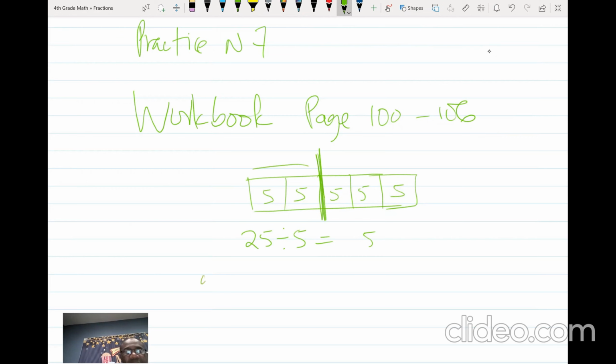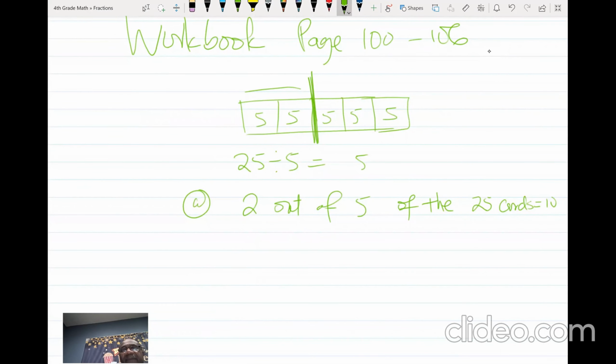So he gave 10, 2 out of 5 of the 25 cards is 10, right? Second part, how many cards did he have left?